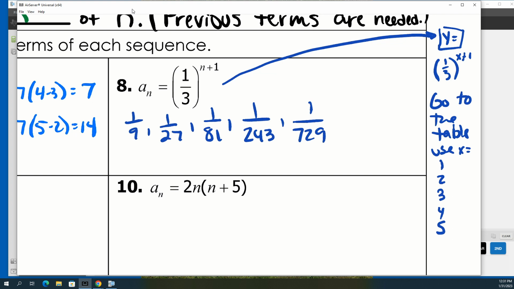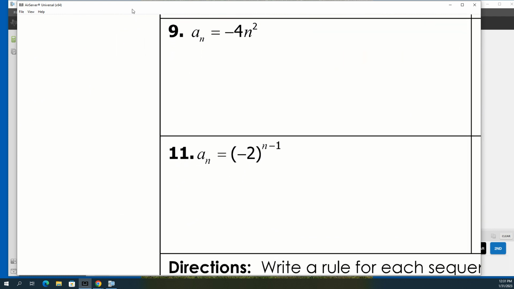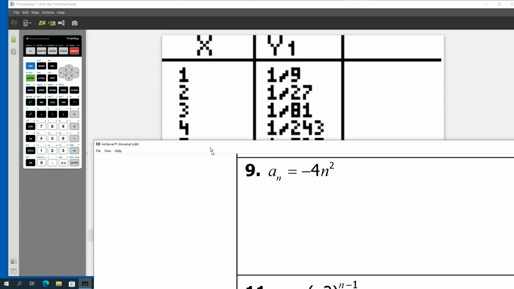The other option is we could just one by one plug in 1, 2, 3, 4, 5 until we got those fractions. However you want to do it, it doesn't matter to me. This definitely is faster to use a table. All right, let's look at 9. I'm going to do it on the calculator. If you want to just plug 1 in and plug 2 in and plug 3 in, that's fine.